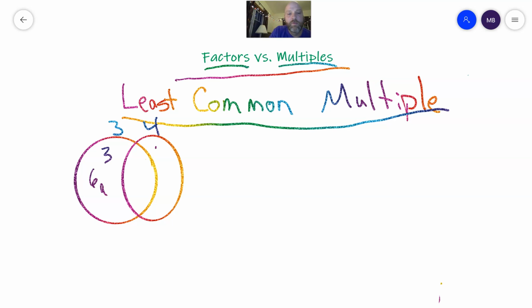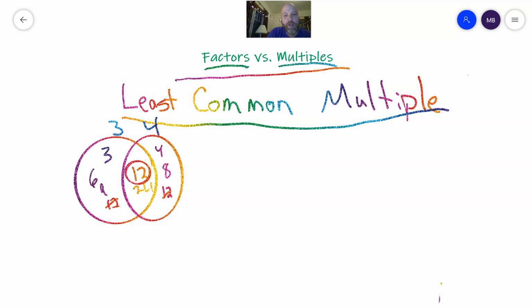Multiples of 4 are 4 and 8 and 12. Well, wait, I got 3, 6, 9, 12. So 12 doesn't belong in the outer circles. 12 is actually a common multiple. So I can see there's going to be other multiples too, like 24, and it's going to go up. But 12 is the least common multiple.